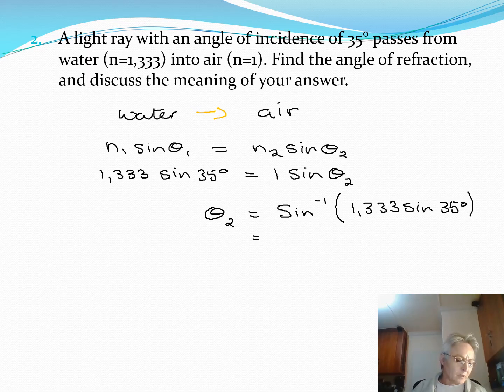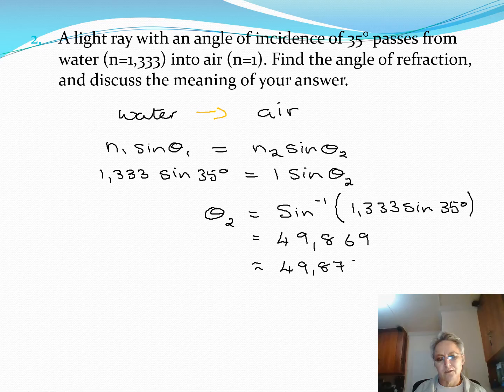And doing that calculation, sine to the power -1, open brackets on my calculator, 1.333 sine 35, and we get an answer of 49.869, which we can round to 49.87 degrees.